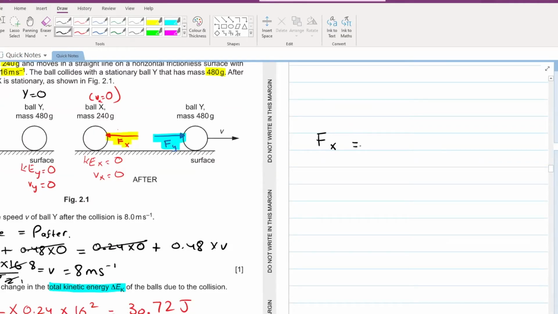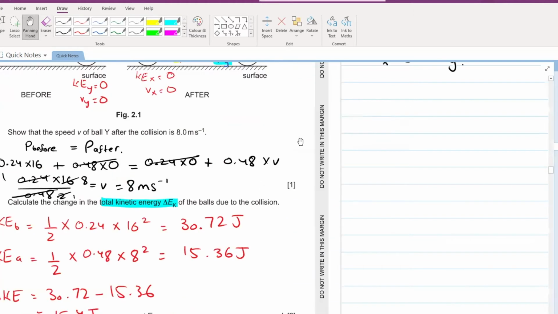The force that one ball applies will be equal and opposite to the force that the other ball applies. Fx will be the negative of Fy. Always remember this. Whenever a collision happens, Newton's third law gets applied, and we will have equal and opposite forces.